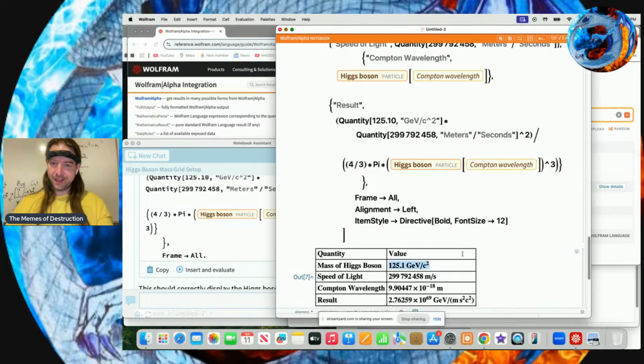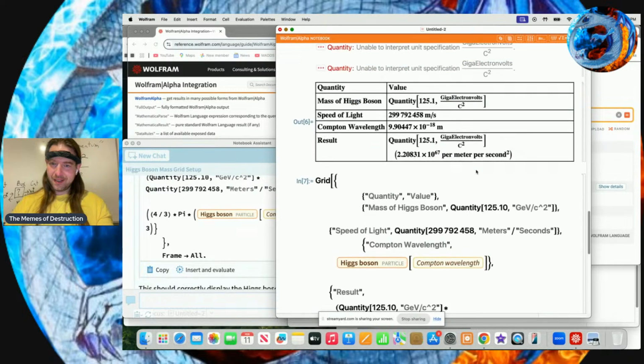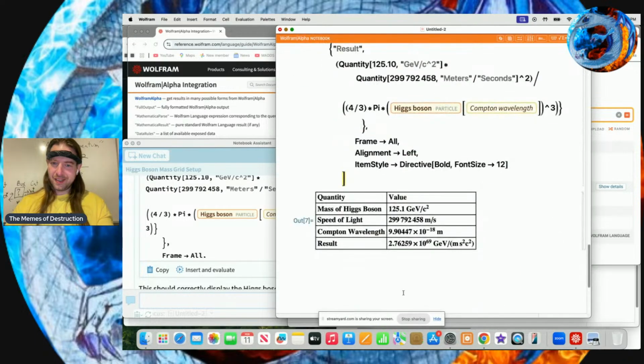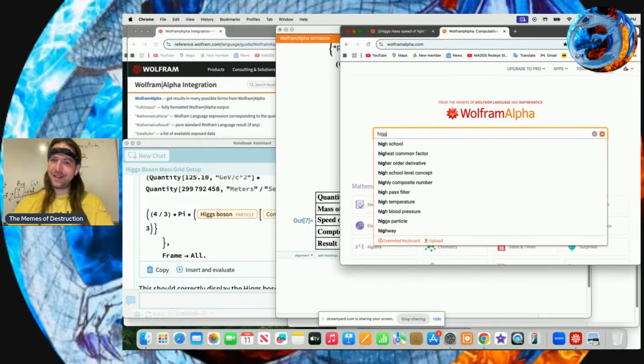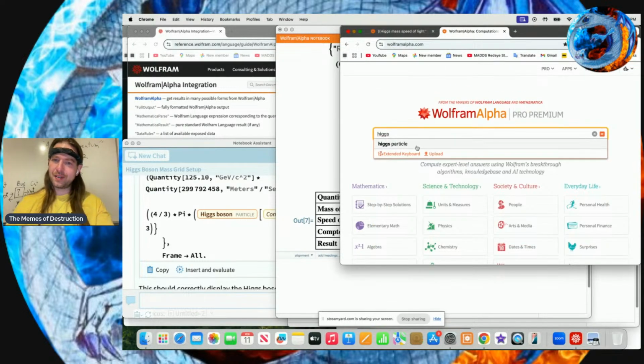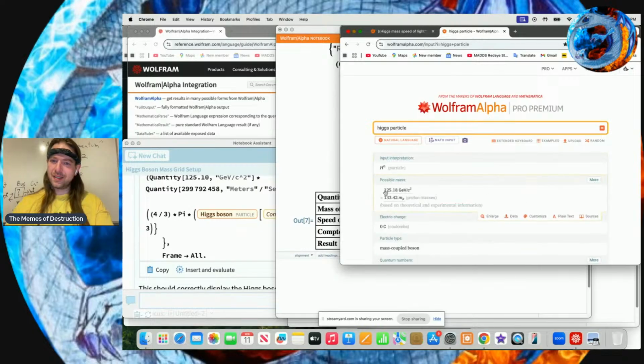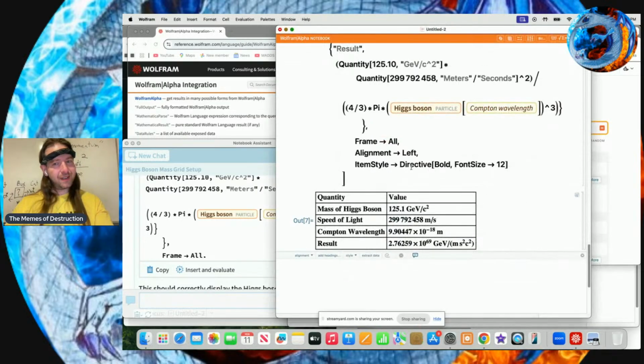Let's see. Higgs particle. I'm just wondering why it's... I know it's making up some digits there, at least for the past couple of them, and I know that the Higgs should be 1.8. Higgs particle. Yeah, so they have it there.